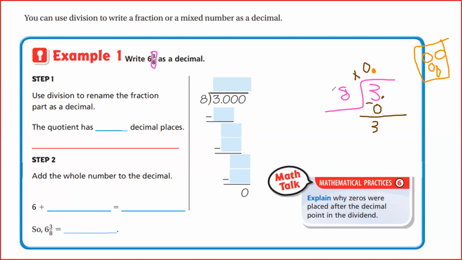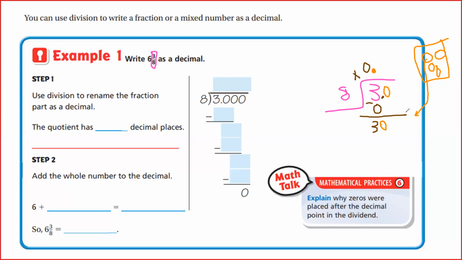How will I divide without remainder? When I bring numbers down, I will bring zeros from my box. I cannot bring any other number, only 0. So I will bring 0 from here and I will add it down. And if I add it down, I will add it up here.